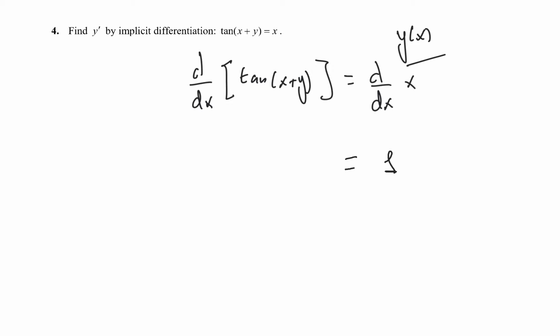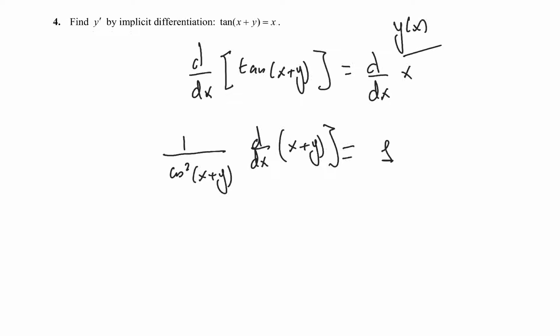The derivative with respect to x of x is 1. And the derivative of tangent of x plus y is 1 divided by cosine squared of x plus y, multiplied by the derivative with respect to x of x plus y.